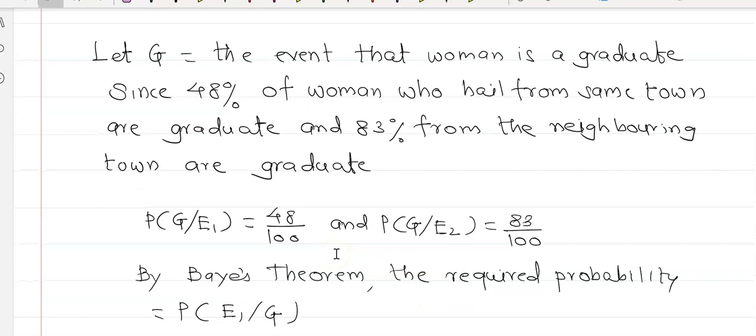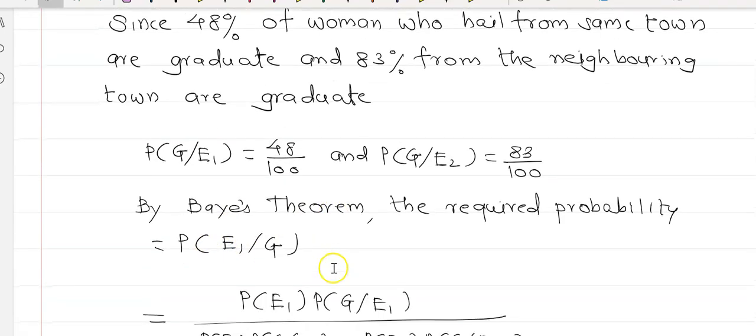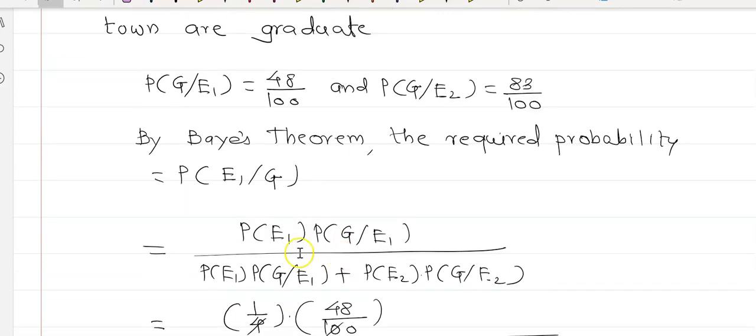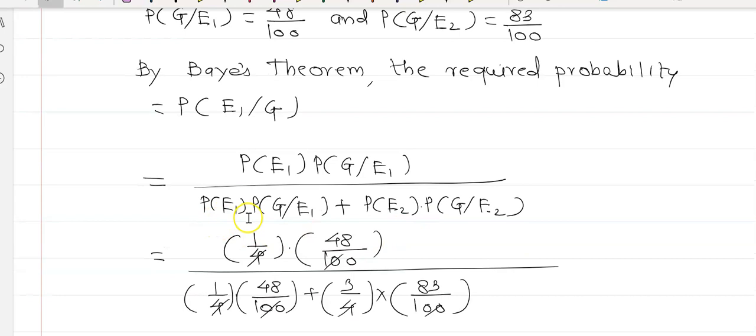Therefore, by the Bayes theorem, the required probability of E1 conditional G, from the same town, is equal to probability of E1 into probability of G conditional E1 upon probability of E1 into probability of G conditional E1 plus probability of E2 into probability of G conditional E2.